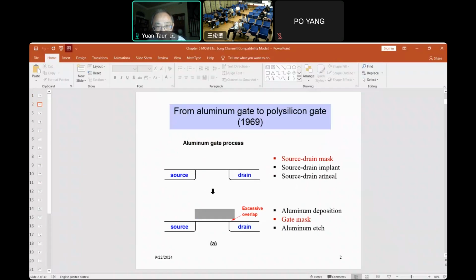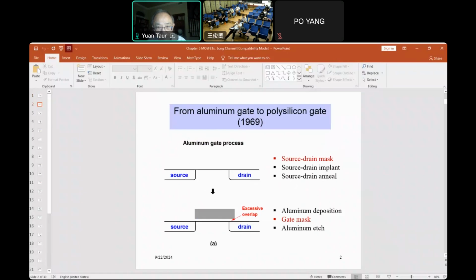Anneal means that you heat the silicon to like 900 or 1000 degrees to repair the damage due to implantation, regrow the implanted area, and then you define the gate.